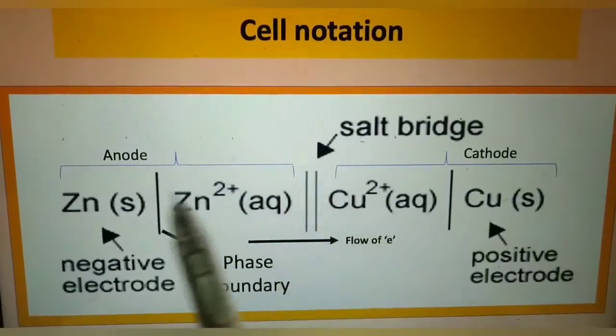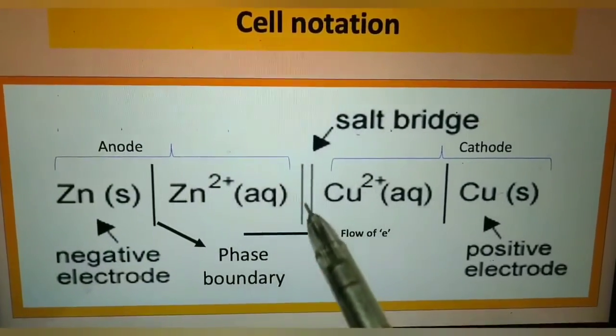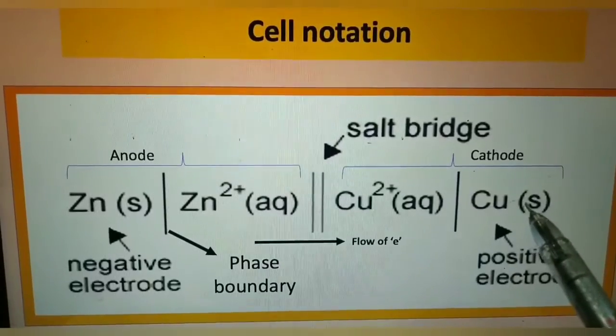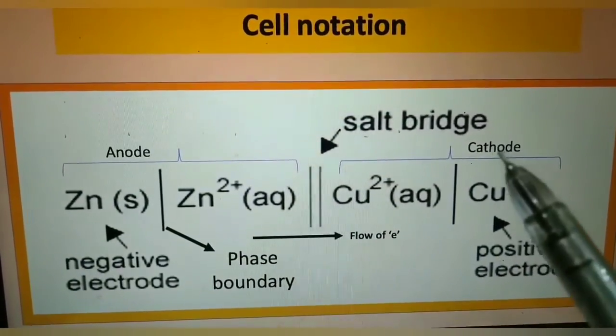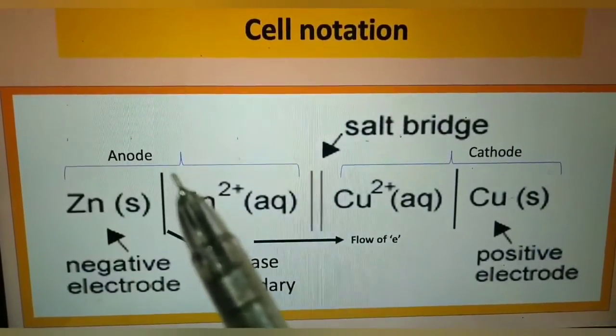Let us see the cell notation for the Daniell cell. This is the zinc half cell, with zinc and zinc ion, and this is the copper half cell, with copper ions and the copper electrode. This is the positive electrode or cathode, and the zinc electrode is the anode or negative electrode.